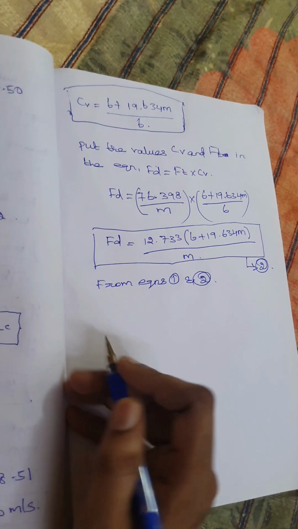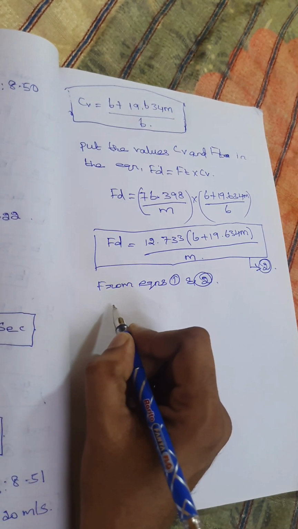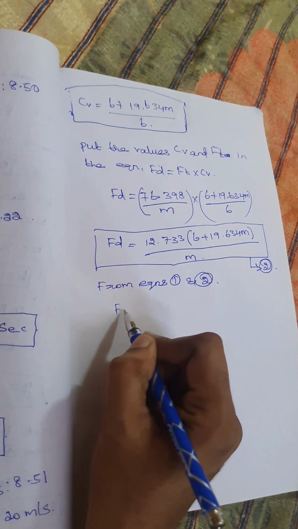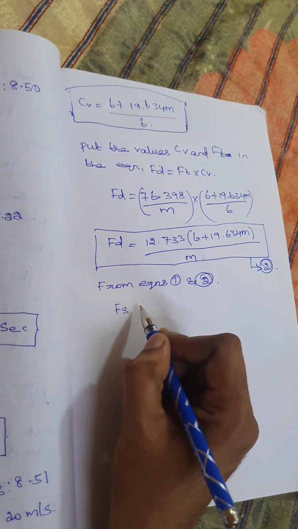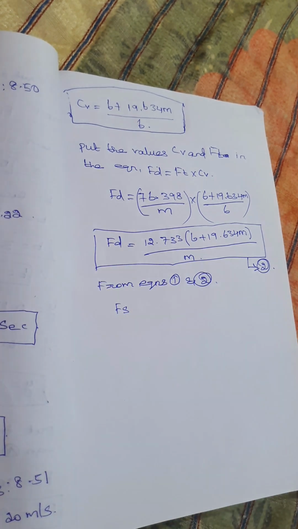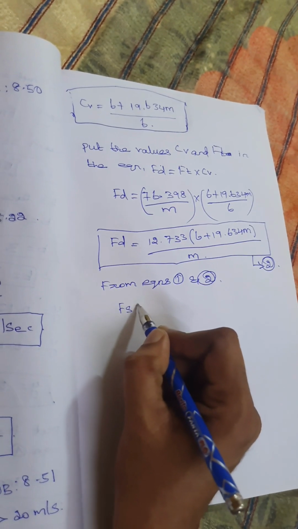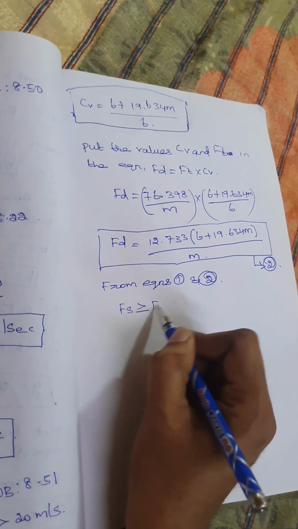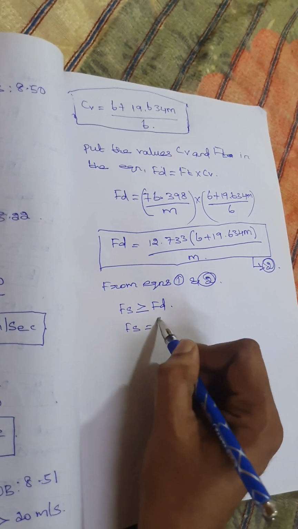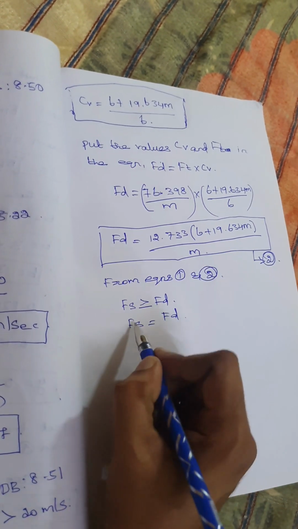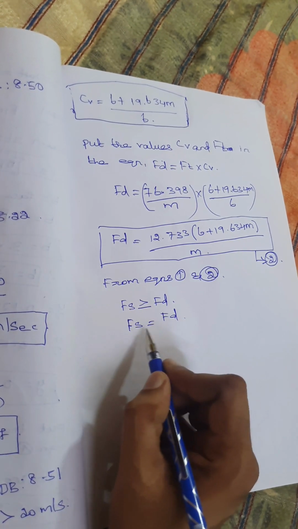Now we are equating both equations. The f of s value should always be greater than or equal to f of d. So if we consider f of s equal to f of d, then we have to check whether this condition is satisfied or not.